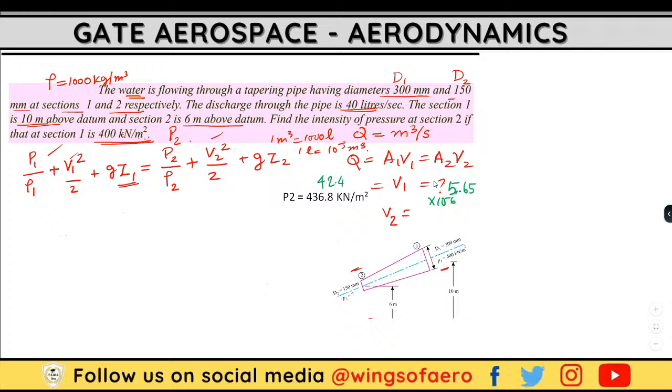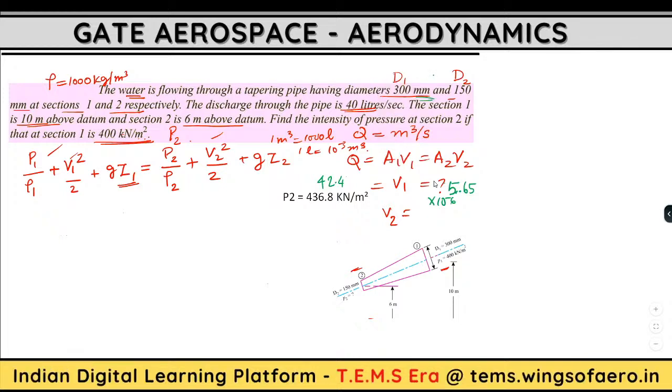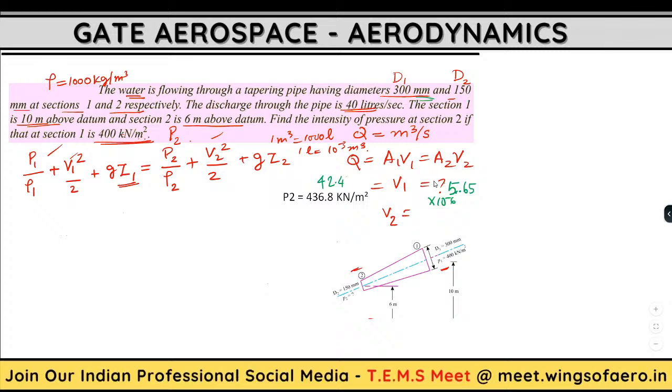See, do not forget the unit. Here the diameter is in mm. We have to convert it to meter. Then here we have 40 liters per second, which you need to convert from liters to meter cube.